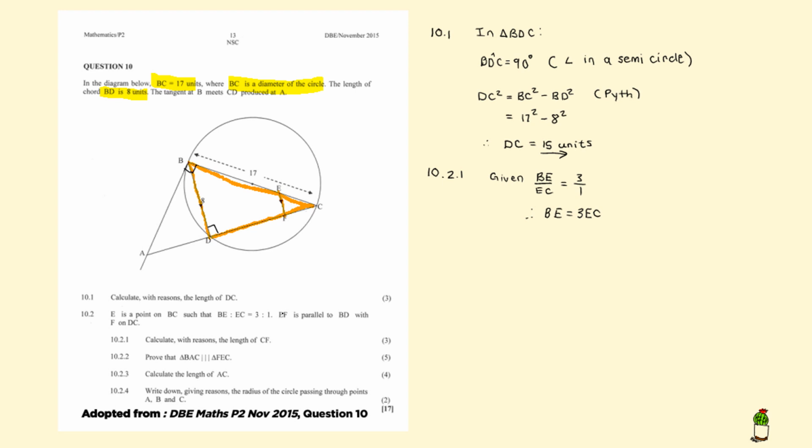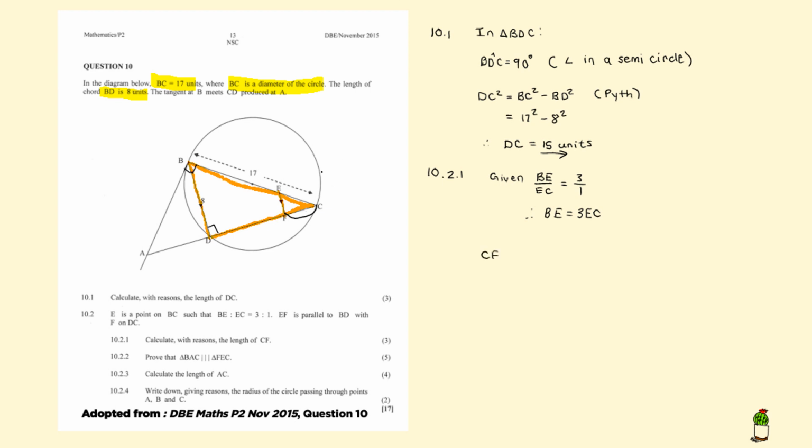They tell us that EF is parallel to BD with F on DC. We've already seen that. Now they say calculate with reasons the length of CF. So CF is this length over here. Notice I've landed on a parallel line, so this is a great opportunity to apply the proportionality theorem.